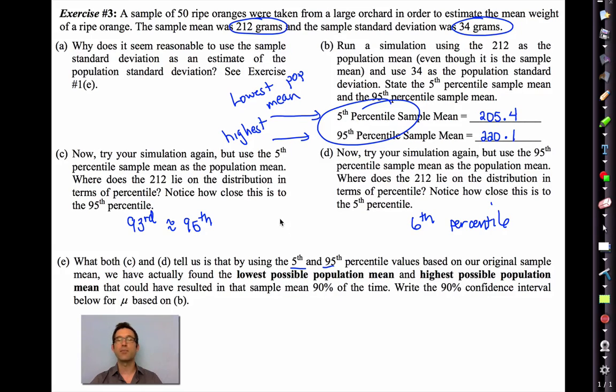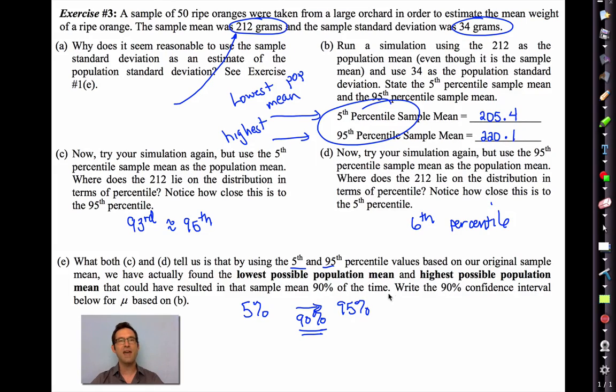And it's 90% because we're between 5% and 95%. We're between 5% and 95%. So that's the 90% of the time. 90% of the time, a population mean is going to fall between these two numbers if it produces this as a sample.